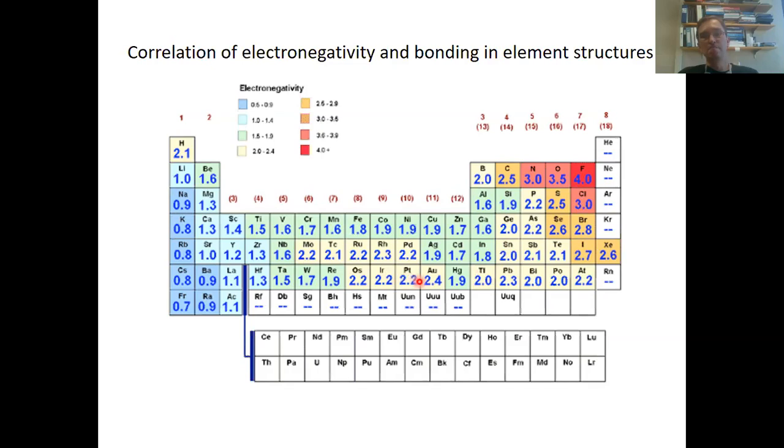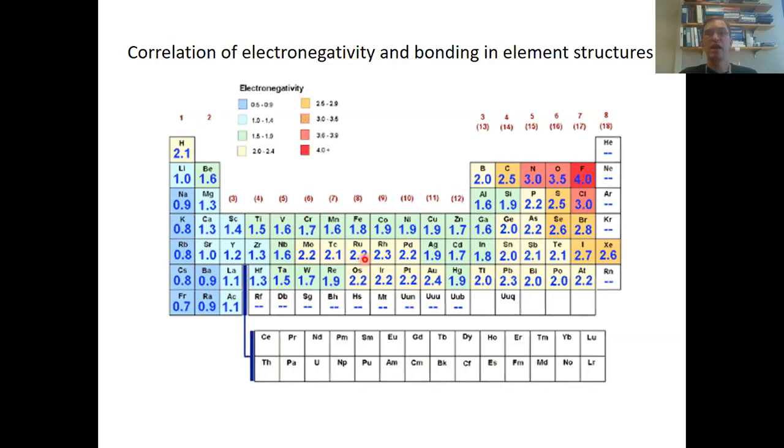Now, how can we understand this? Well, we can understand this when we consider that in metallic bonding, the electrons are being equally shared between the metal atoms, because there's no electronegativity difference between the metal atoms.